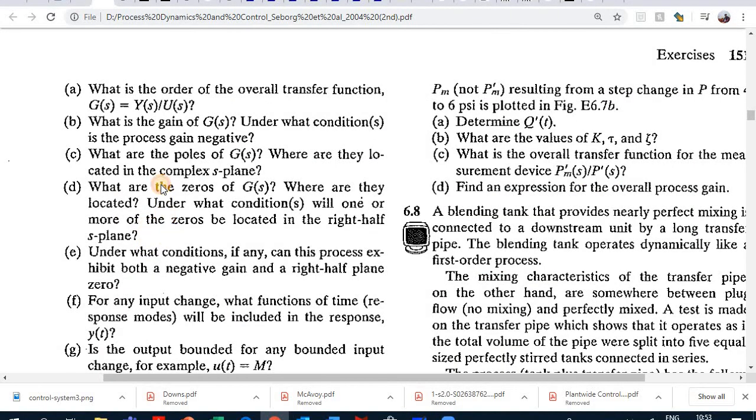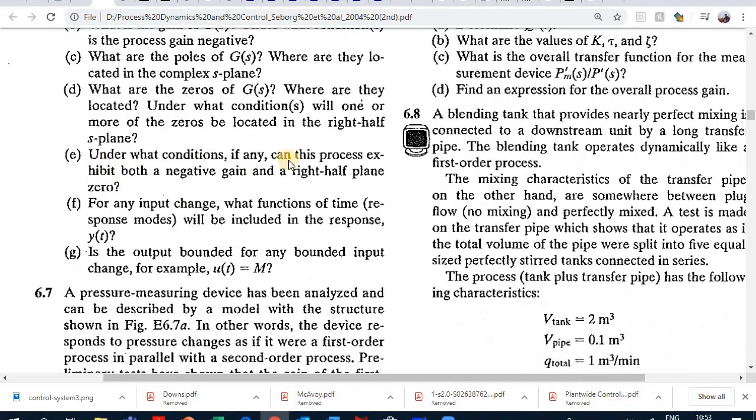Okay, great. So what about now part E? Under what conditions, if any, can this process exhibit both a negative gain and a right half plane zero? It becomes more complicated if you don't understand the question.